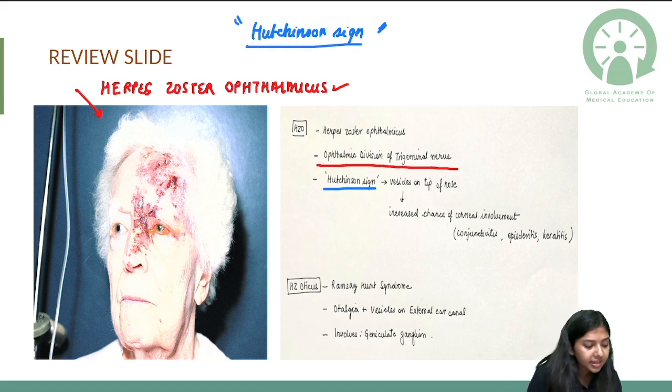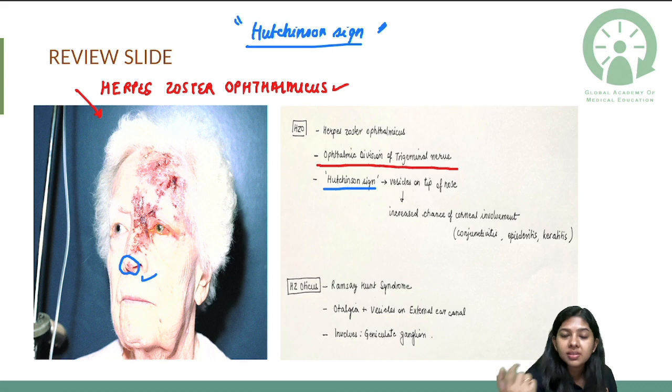What is Hutchinson sign? See, if you get vesicles on the tip of the nose, there is an increased chance of corneal involvement. So herpes zoster ophthalmicus involves the ophthalmic division of the trigeminal nerve. You get lesions in a dermatomal pattern, grouped papulovesicular erythematous crusted vesicular lesions on a red base, and you can have eye involvement also. And if you get vesicles on the tip of the nose, then chances of eye involvement are going to be very high. So this is Hutchinson sign.